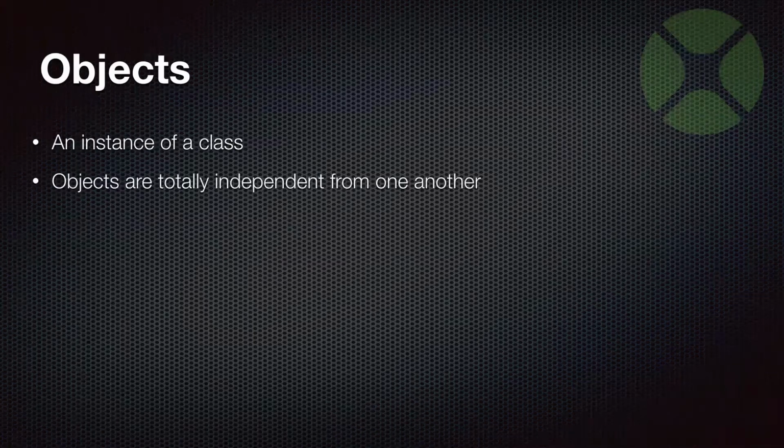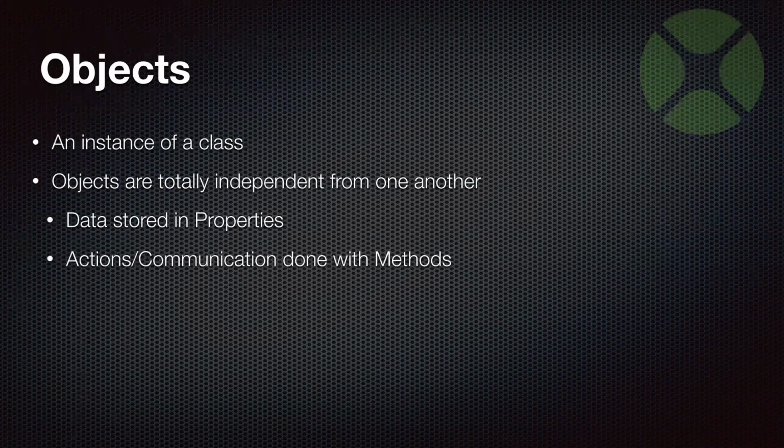And that is a pretty necessary thing when you're working with object-oriented programming, because that gives you the independence of not having to manage stuff or worry about how something might step on something else. When you have the object, the data is also stored in the property that you defined in the class. And then you call or use the methods that you've written for kicking off actions or communicating or that sort of thing.